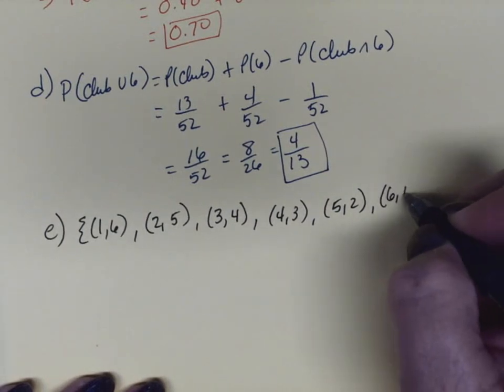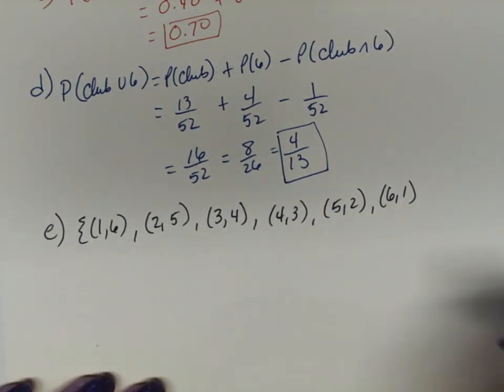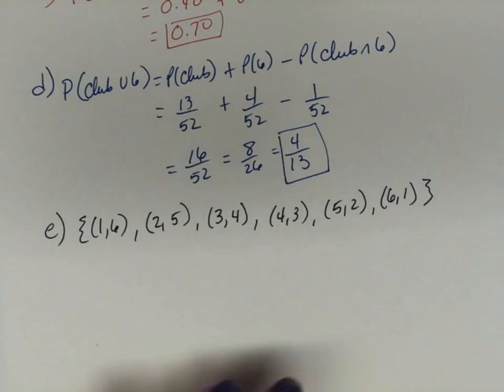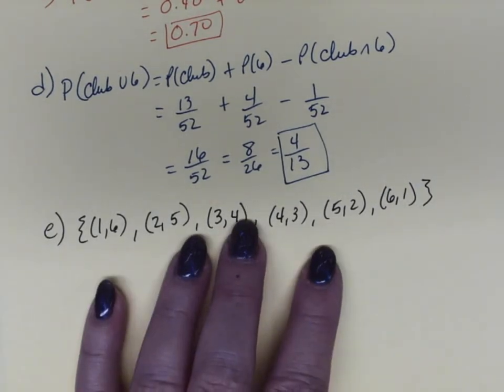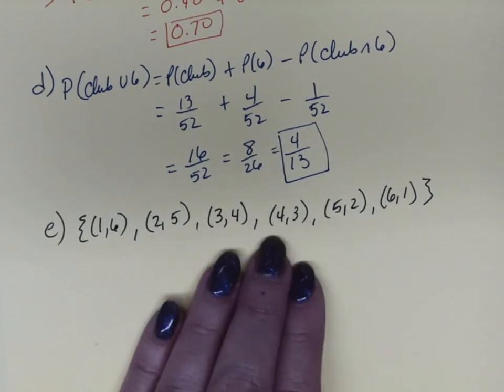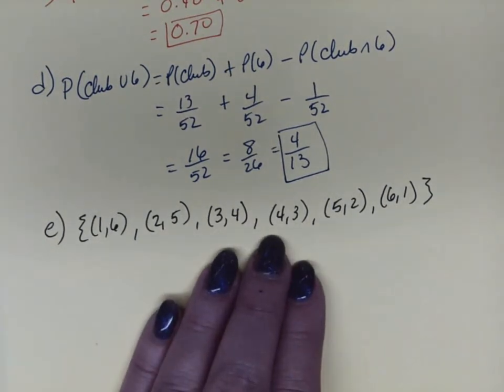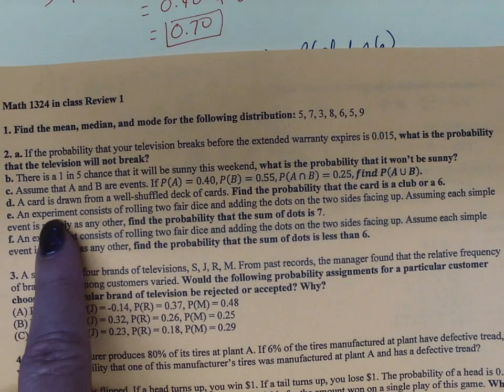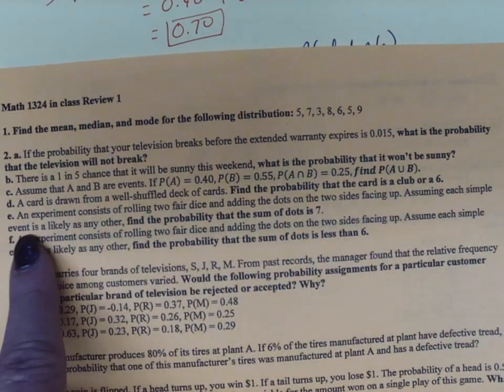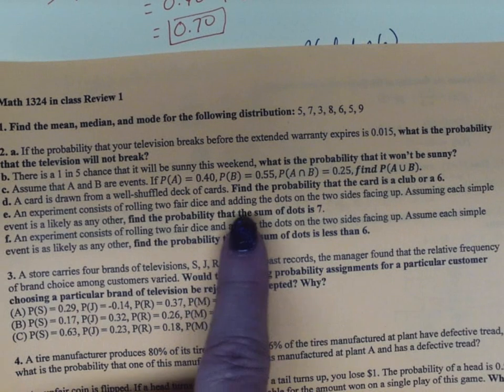And if I roll a 6, I need a 1 to equal 7. So this is the set of outcomes where the sum of the 2 sides adds up to be 7.